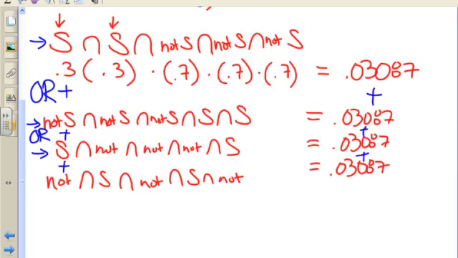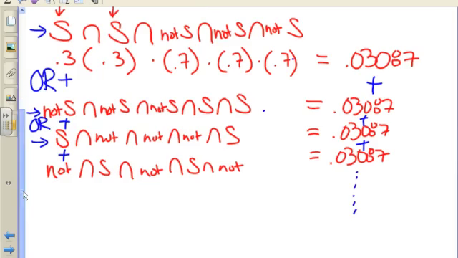Because the order doesn't matter, I need to acknowledge that there are a lot of possibilities. I could get it this way, or this way. Or means add. So then what I need to know is, how many different arrangements are there, so I can add these all together successfully.